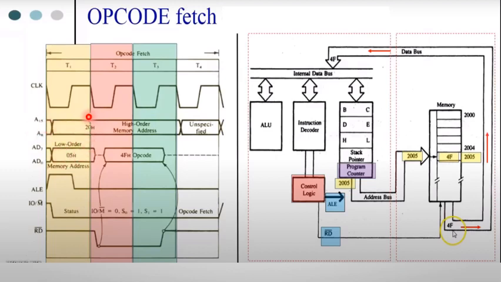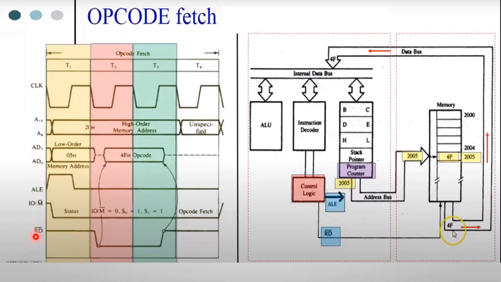As soon as the address is fetched by the microprocessor, it has to read the opcode which is in that particular address location, right? So here the opcode is 4F. This 4F should be read by the microprocessor. So during the second clock cycle, the microprocessor will generate the read signal.